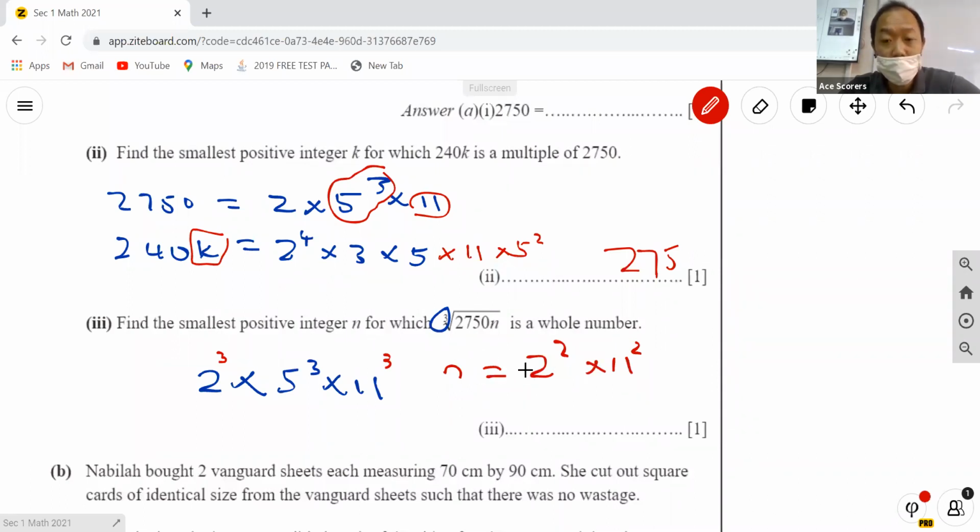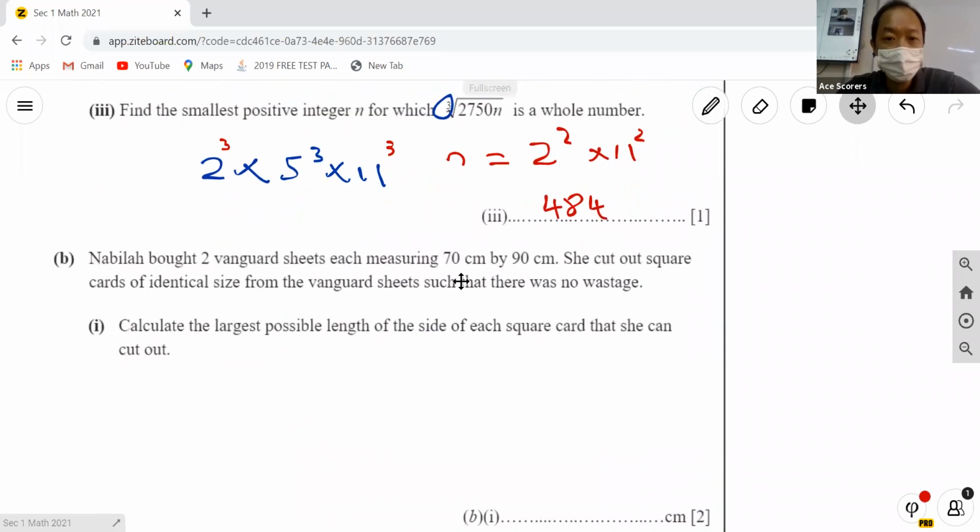So n equals 2 squared times 11 squared. So it's 4 times 11 times 11, which is 484. Next one.